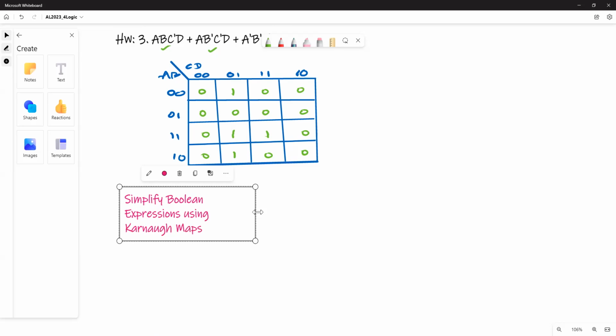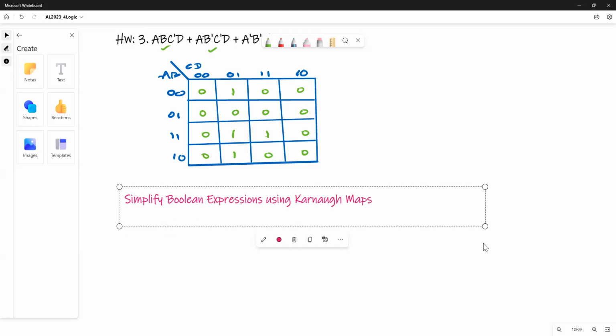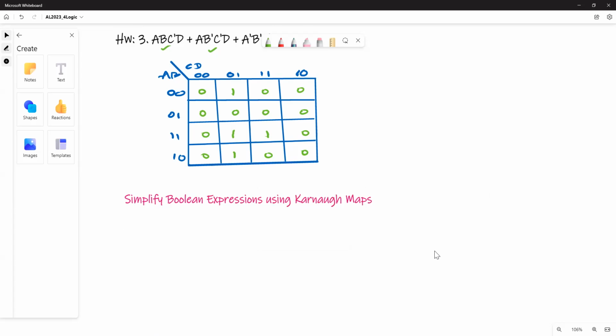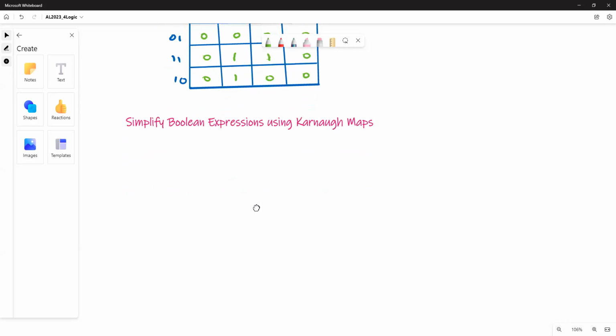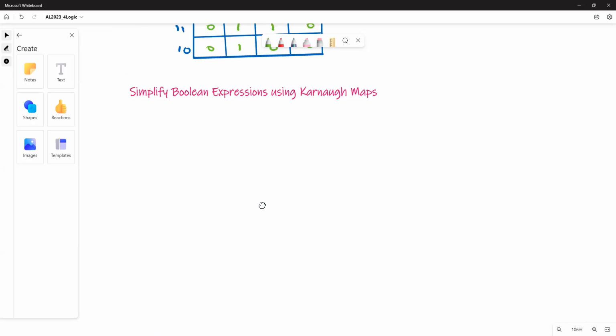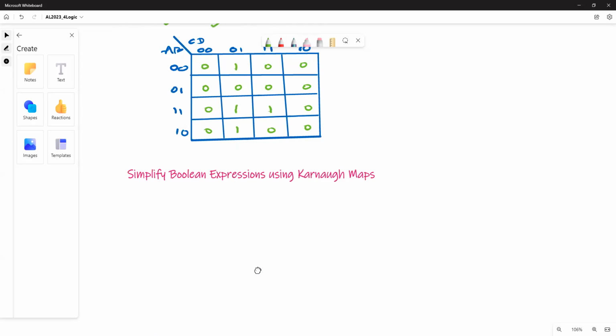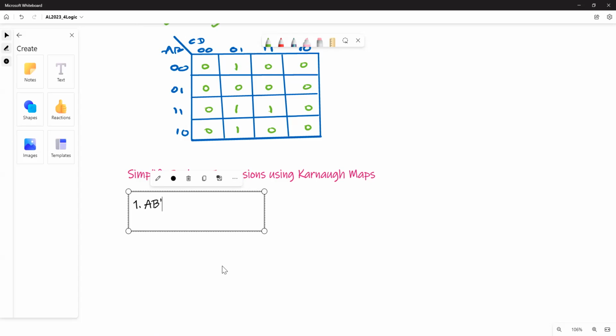So now let's try to simplify the expressions. Let's have the first example. Our first example, A B bar, plus AB.